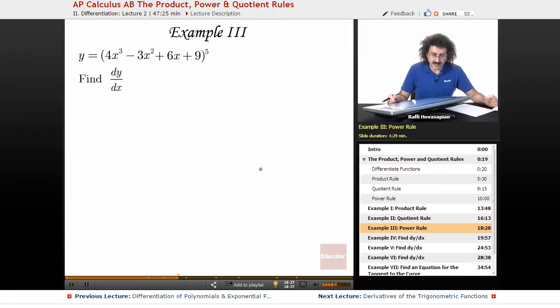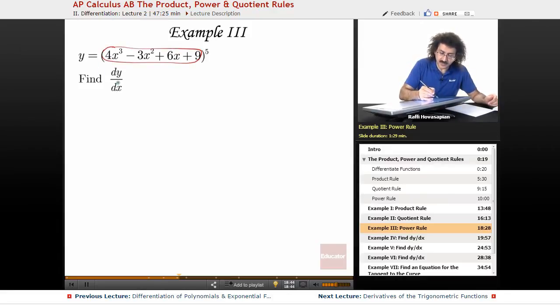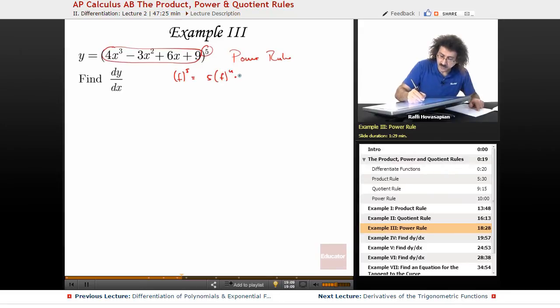So we have this thing raised to the 5th power. So in this particular case, this is going to be our u of x, and it's a whole function raised to the 5th power. So we're going to use our power rule. Our power rule says f raised to the 5th power equals 5 times f raised to the 4th power times f prime.